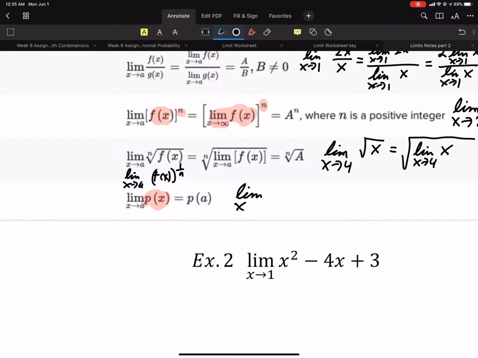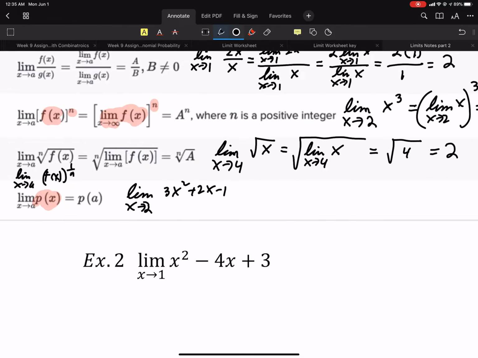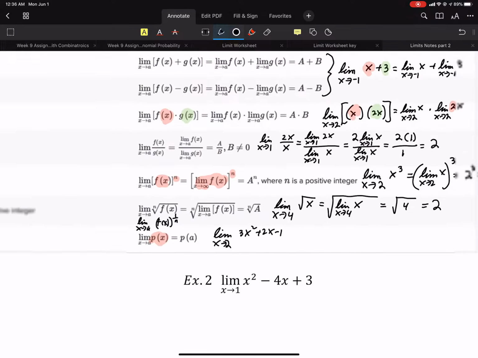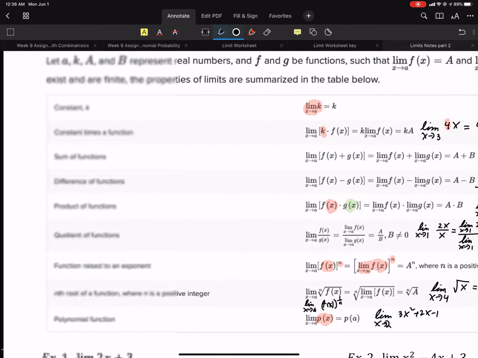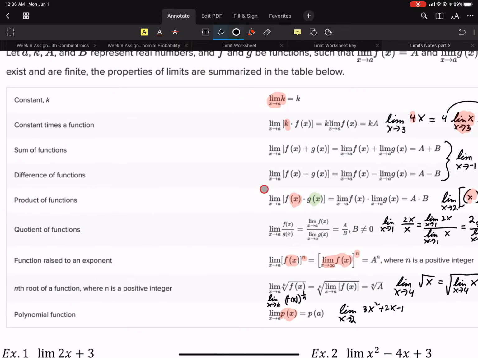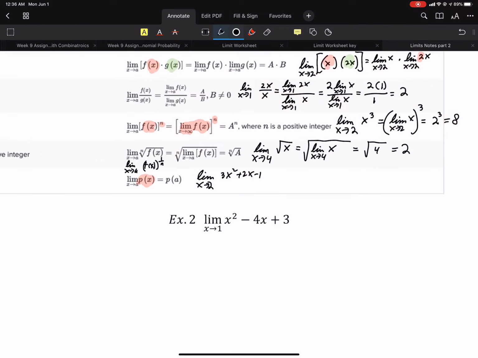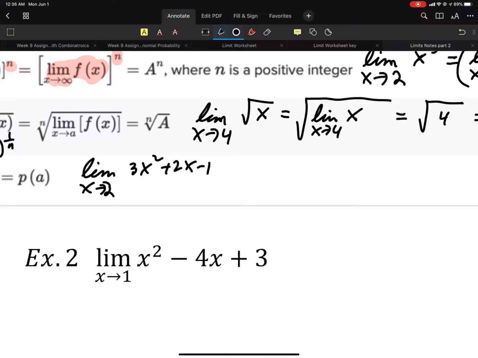The limit as x approaches 2 of 3x squared plus 2x minus 1. I'm going to show you the long way and the short way. So the long way is you have a sum and a difference. So one of the properties we have are the sum and difference properties. This one here and this one here. So technically we could rewrite this as 3 separate limits.